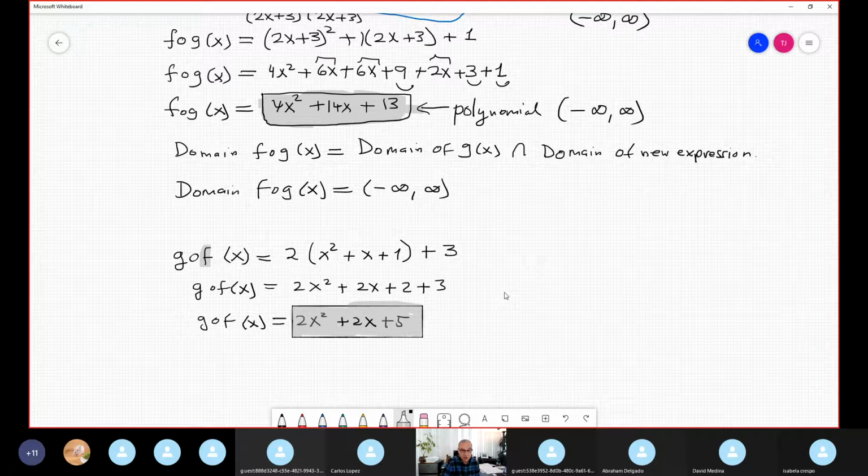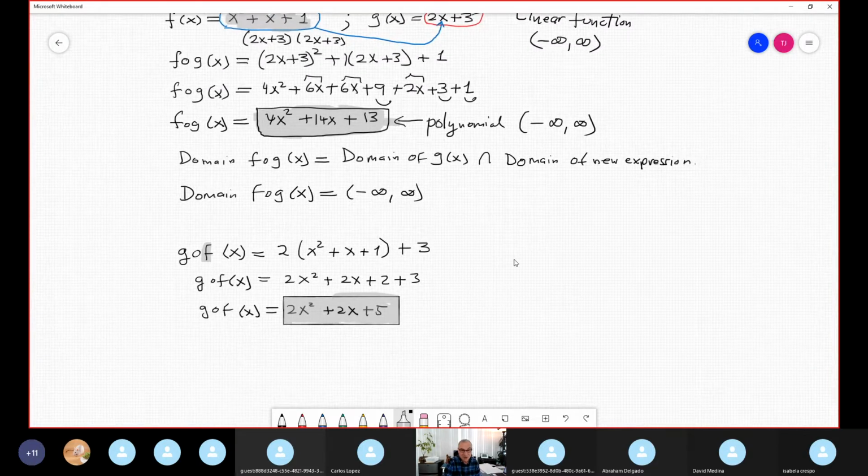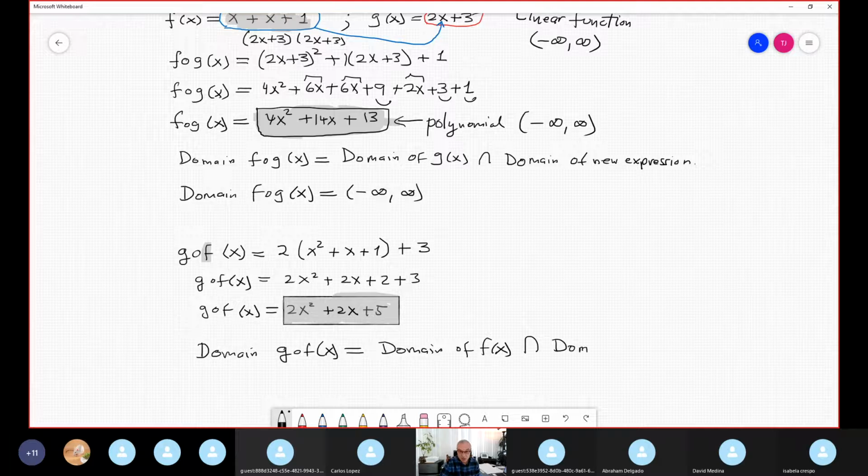In order to state the domain, it's similar. Because remember the domain of G composition F is equal to the domain of the first function. Okay, the domain of the first function is F, in this case, according to this order, intersection, domain of the new expression.